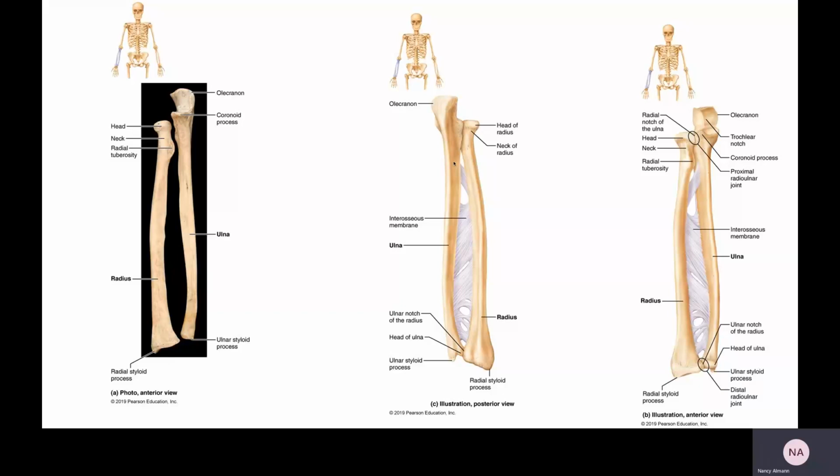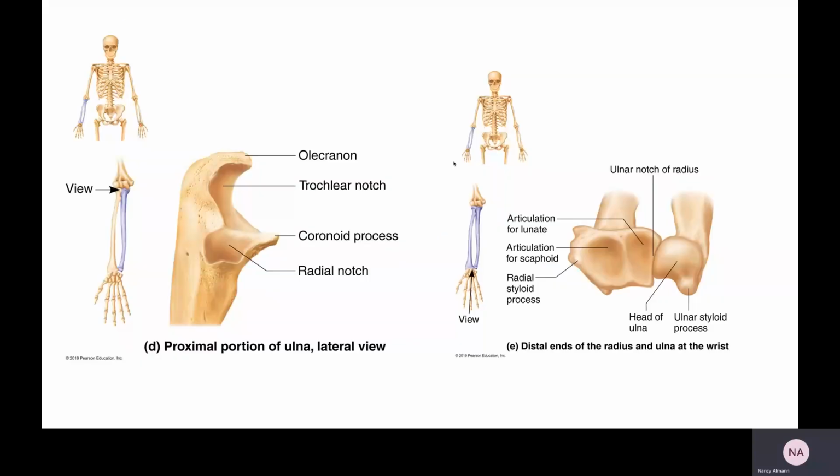There will be two joints in between the radius and the ulna. One will be proximal, hence the name proximal radioulnar joint, and the other will be distal, hence the name distal radioulnar joint. At the distal end, the radius and ulna will articulate with the carpals.